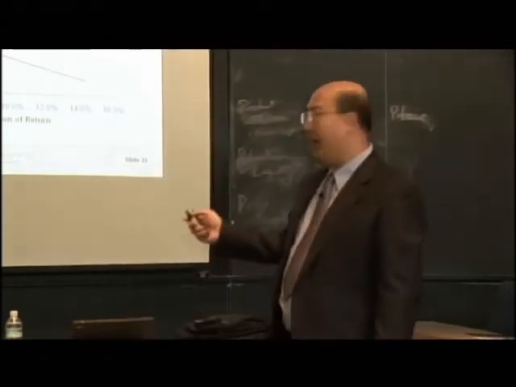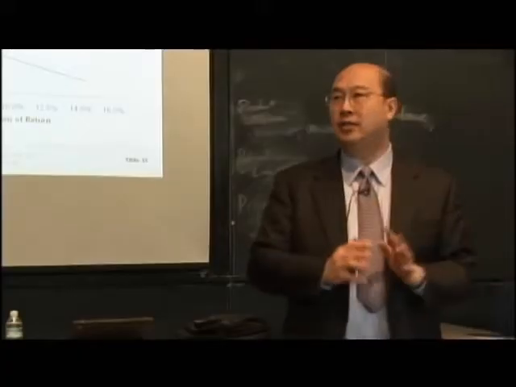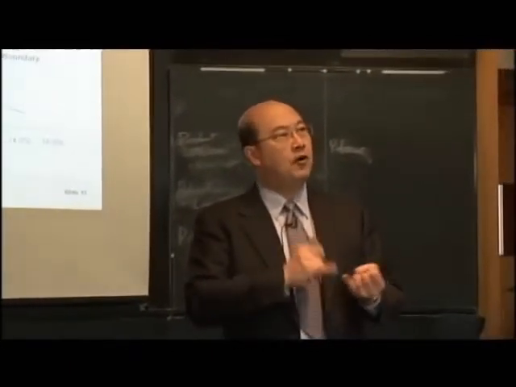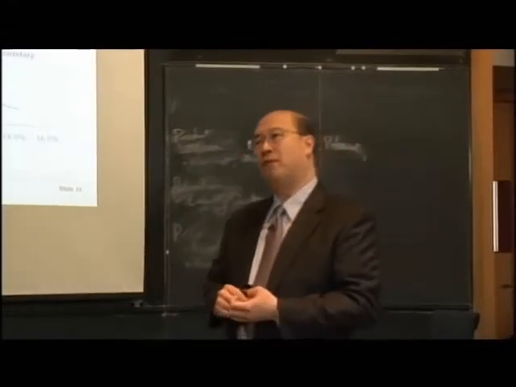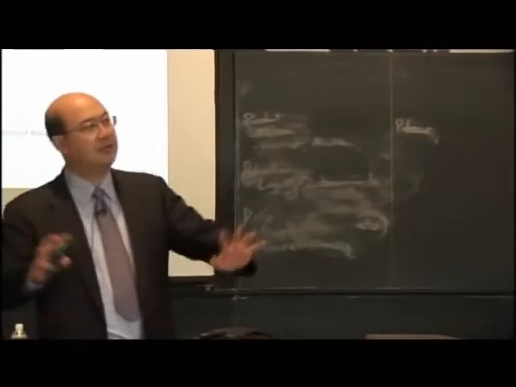So the example that I gave after showing you this curve where I argued that the upper branch of this bullet is where any rational person would want to be. And by rational, I've defined that as somebody who prefers more expected return to less, and somebody who prefers less risk to more, right? Other things equal.